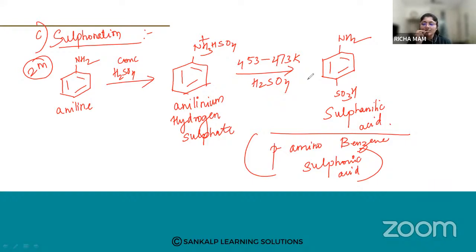Aniline does not undergo the Friedel-Crafts reaction, because it will form a salt when it reacts with alkyl chloride or acetyl chloride in the presence of the Lewis acid AlCl3.